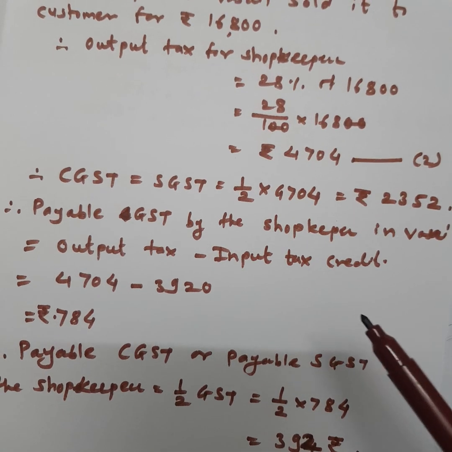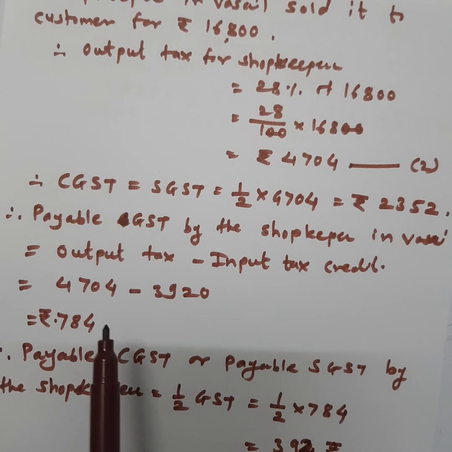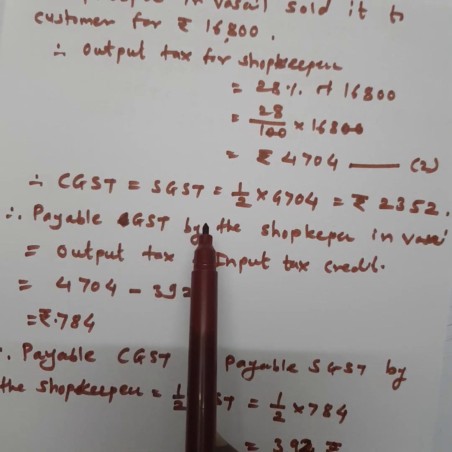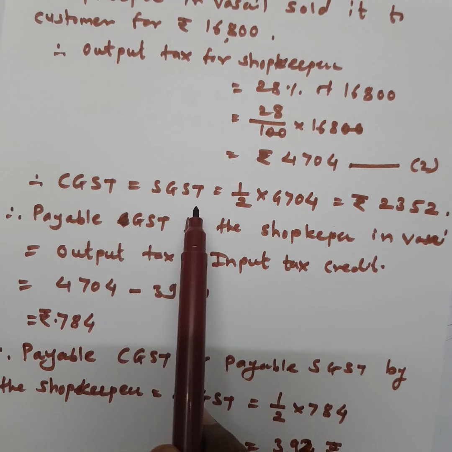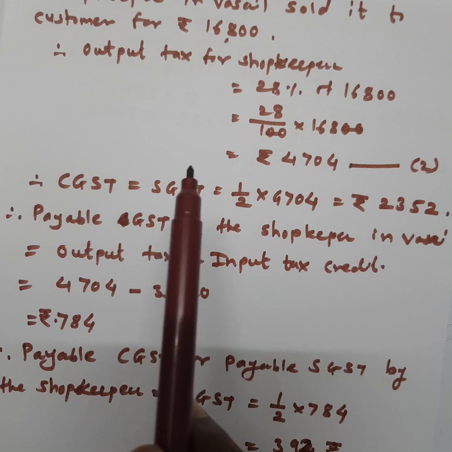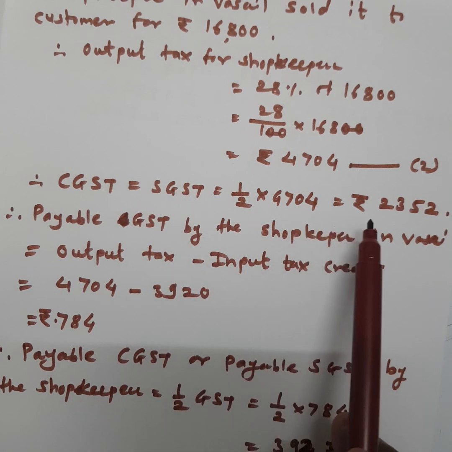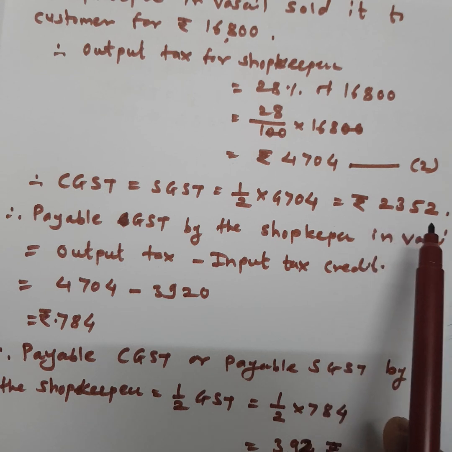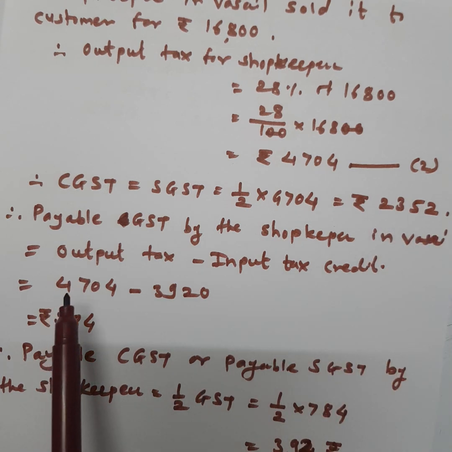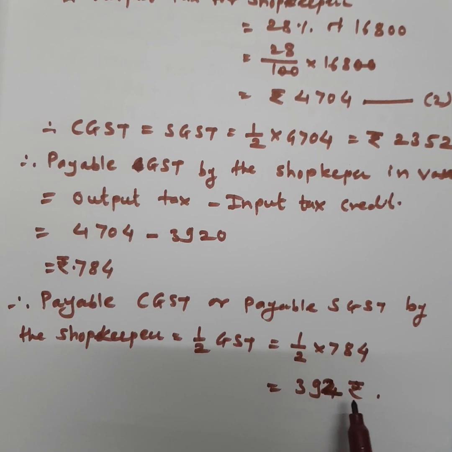Second, CGST or SGST paid in the shopkeeper's tax invoice is equal to 2352 and payable GST by the shopkeeper is equal to 784. Therefore, payable CGST and SGST is equal to 392 rupees.